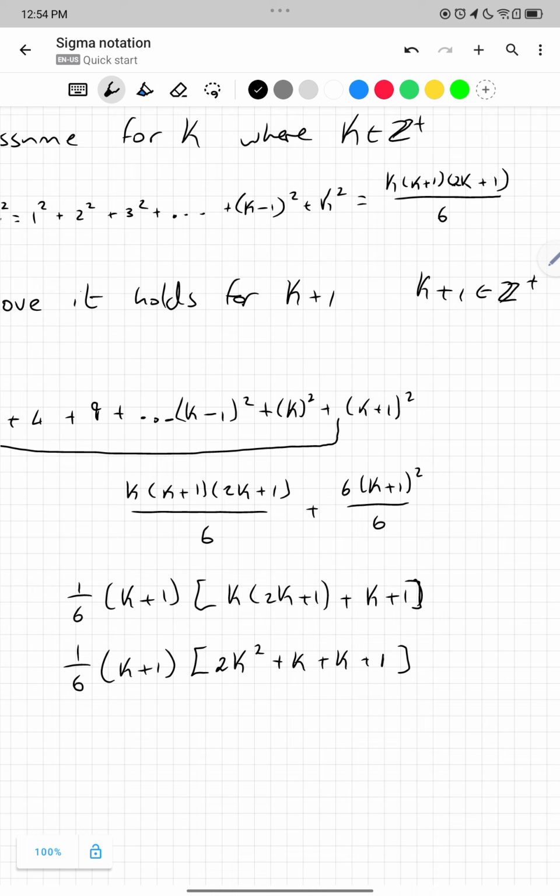So all in all, okay, there was a 6 missing. So we have 1 over 6 times (k plus 1) times (2k squared plus 7k plus 6).